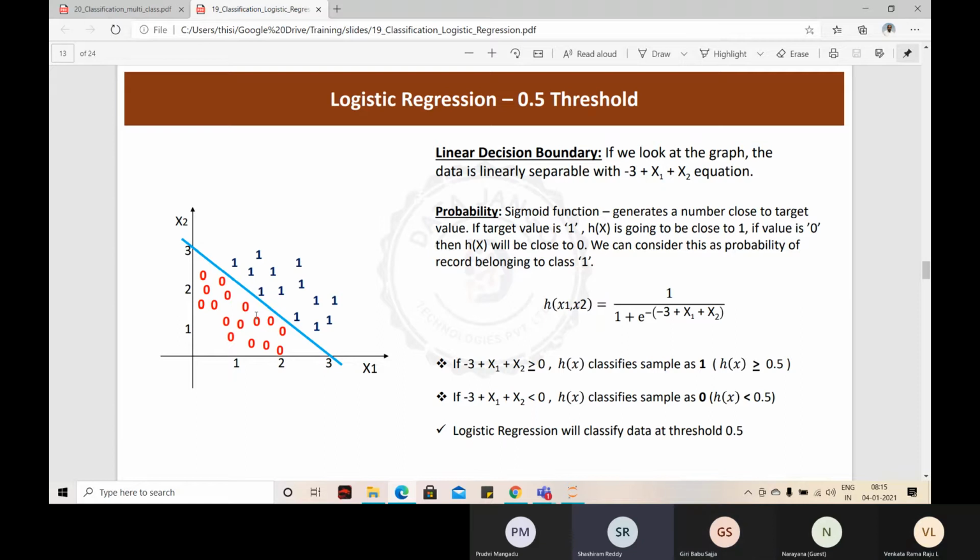For example, in this binary classifier, if you want to predict zeros, let's say the incoming record is of label 0. Here the value will be less than 0, a negative value.